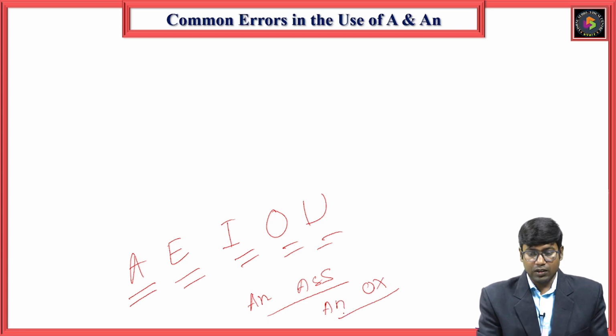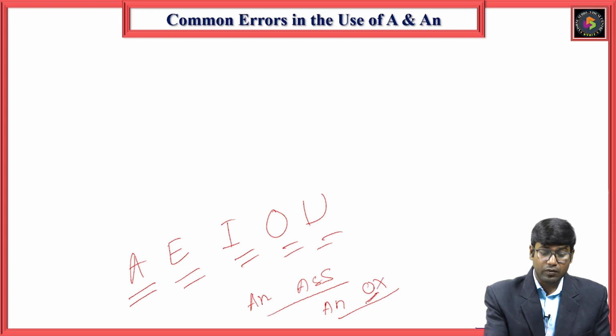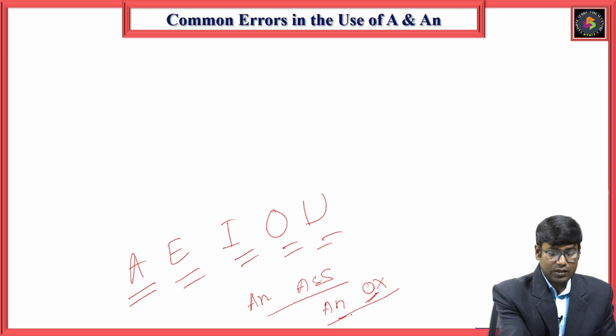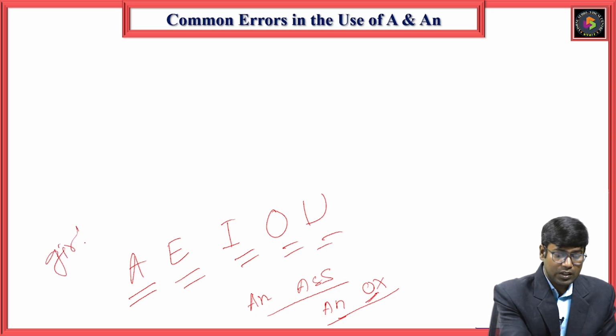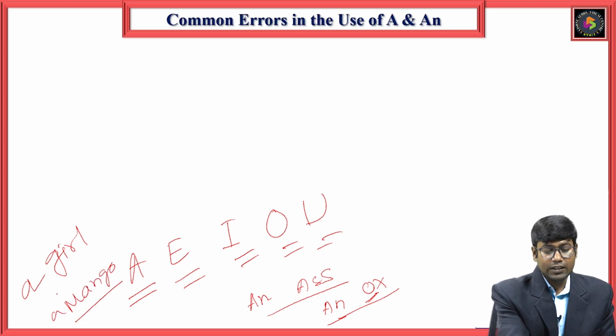If the initial letter is a vowel, it takes an, and if it starts with a consonant, like girl, it should be a girl, or a mango.